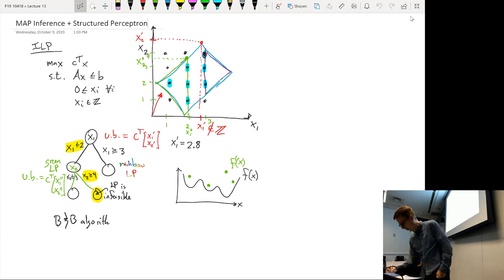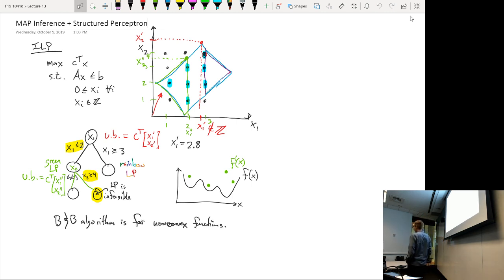So does that mean the upper bounds that we find are local and not for the entire space that we're looking at? Yes, exactly. So when we solved that green LP, we got this upper bound, c transpose x1 double prime, x2 double prime, right?